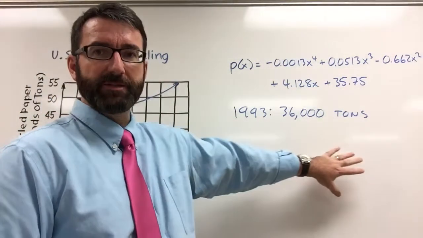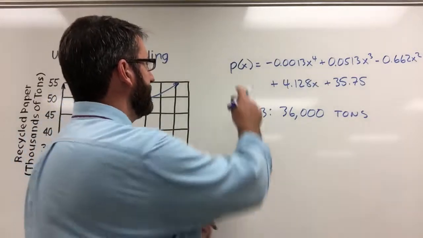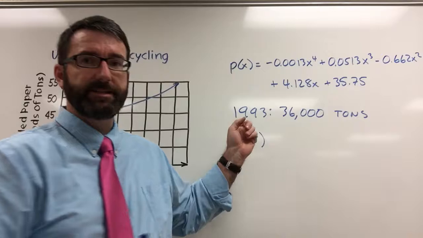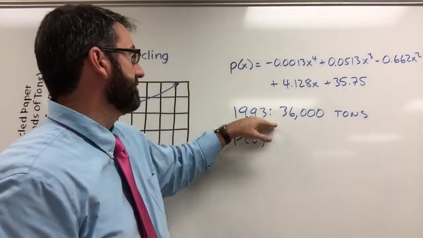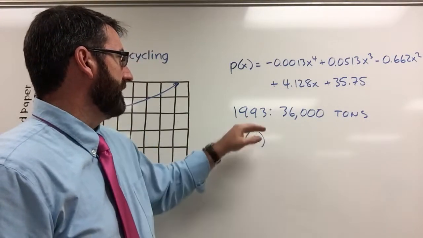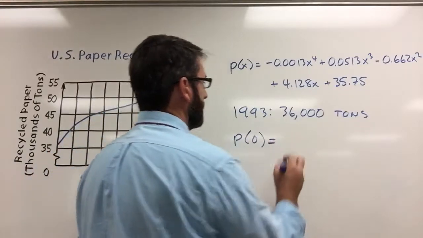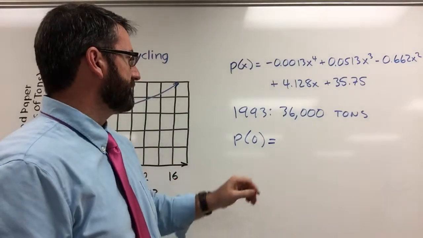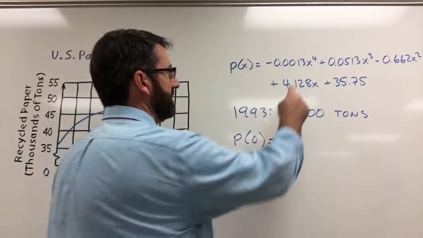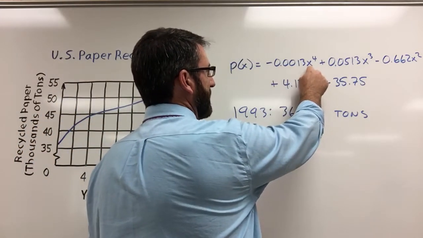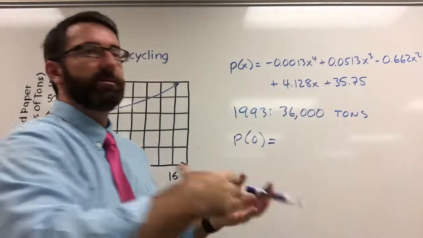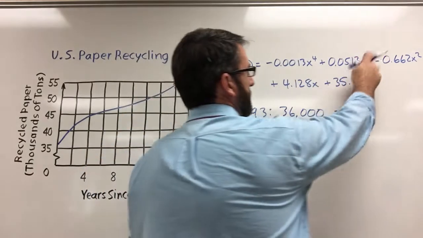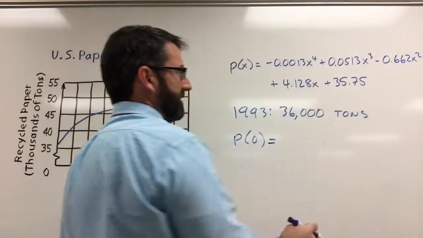To confirm that algebraically, we're going to plug in 0 for x. Because remember, this is years since 1993, so we're at year 0 here in 1993. If we plug in 0 for x, 0 to the fourth is still 0. That's going to make this entire term 0. 0 to the third is 0, which makes this entire term 0.